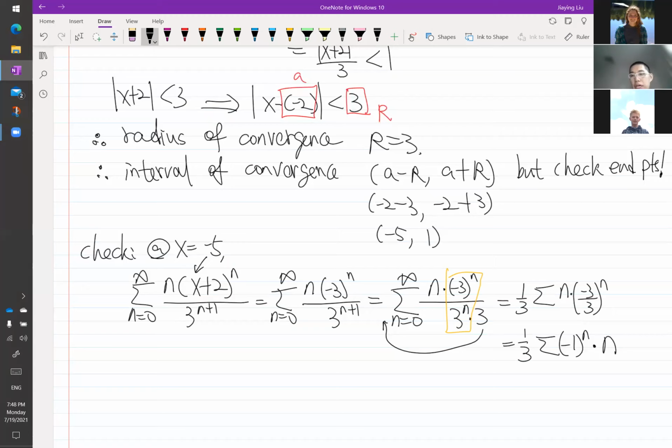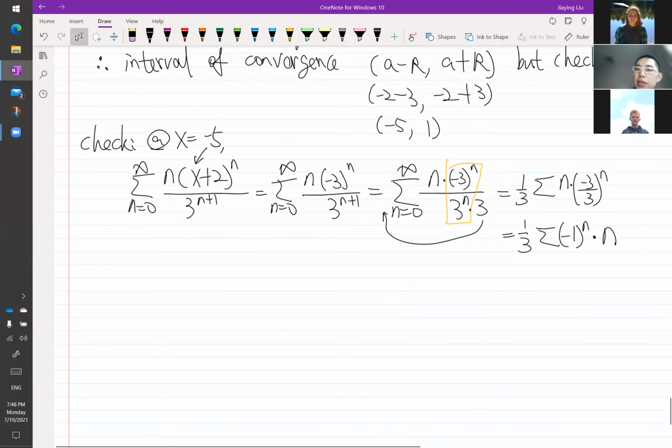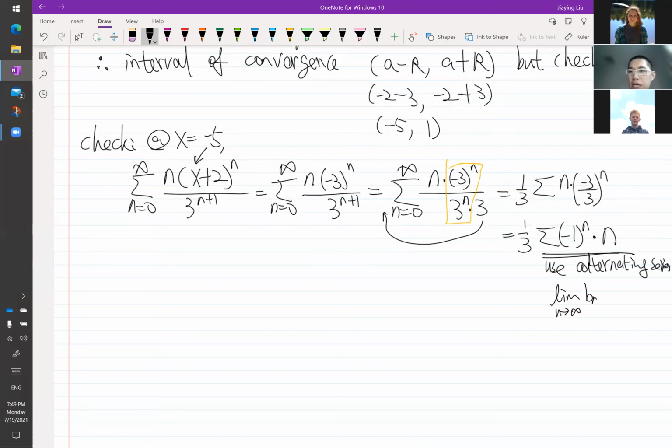It's an alternating series, right? You can use the alternating series test if you like, or just expand it and look for the patterns if it's obvious. So if you use the alternating series test, if you take the limit as n goes to infinity of bn, is that going to be 0?